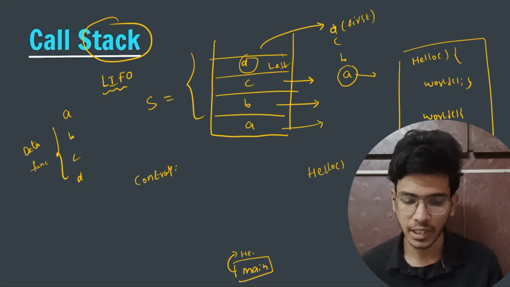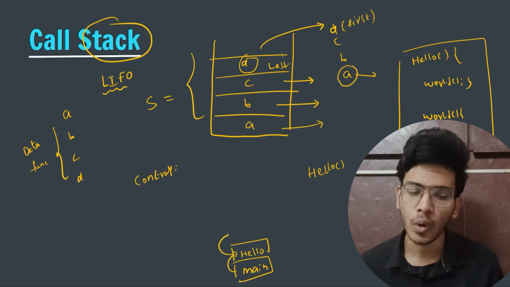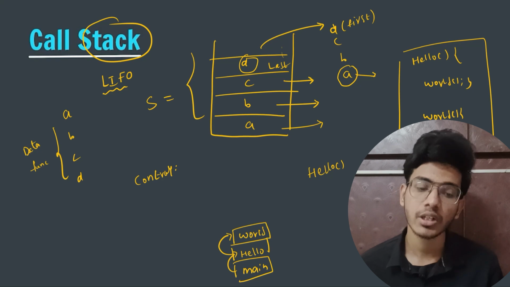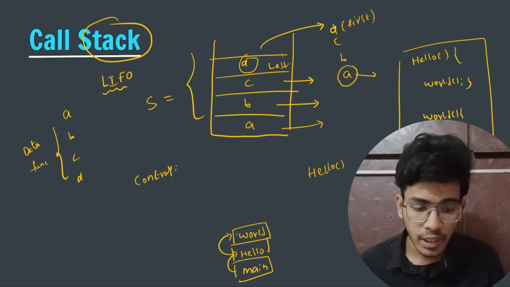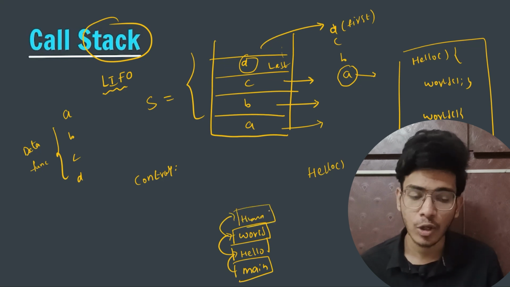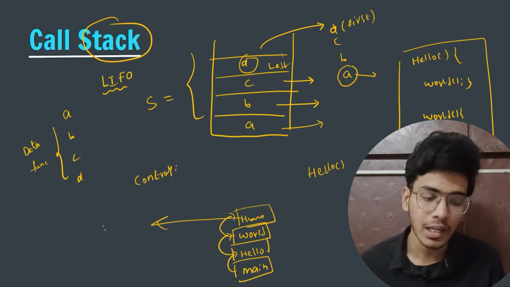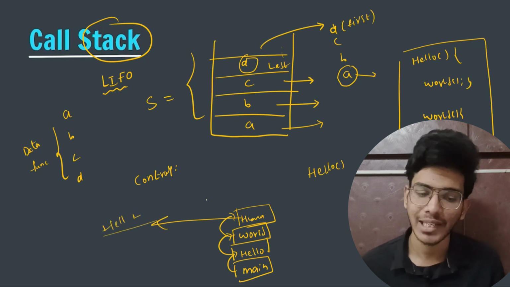Now hello world is calling the world function, and in the world function I'm calling my human function. So this will call human, and in human I'm printing hello world I am human. Whatever the output is there, I'm printing that.